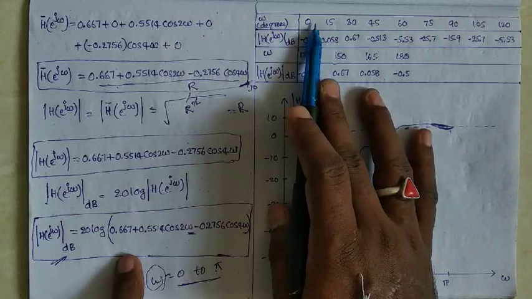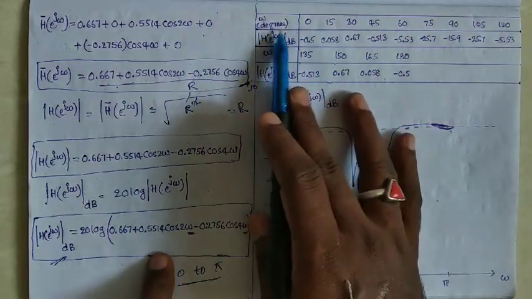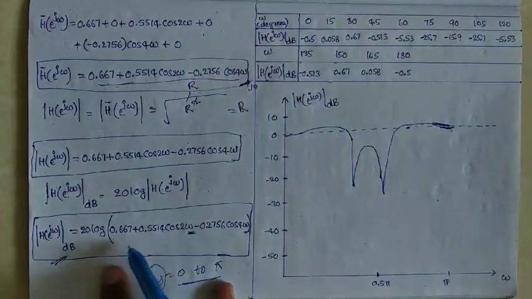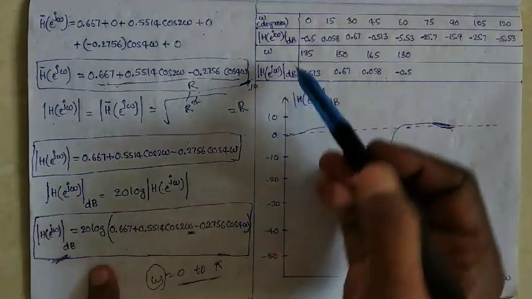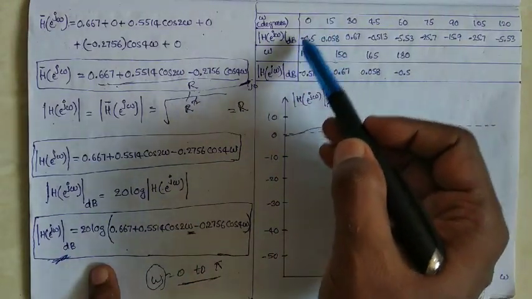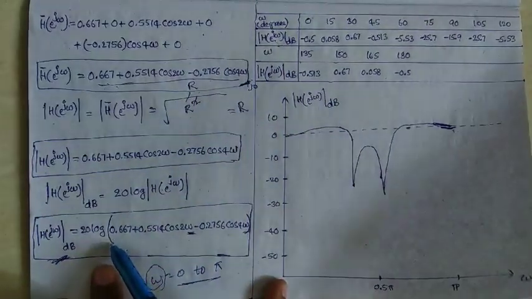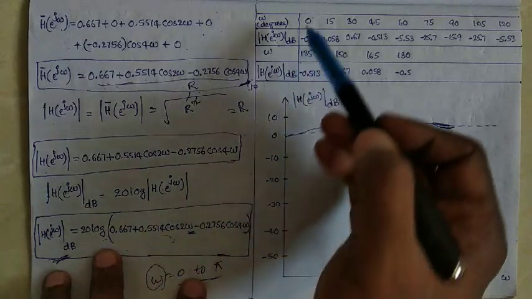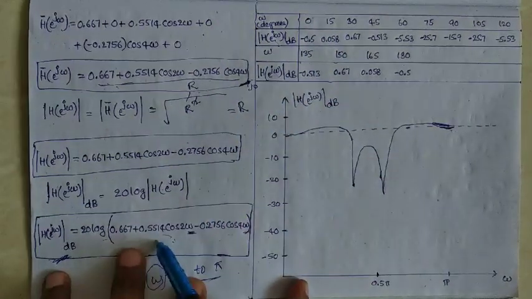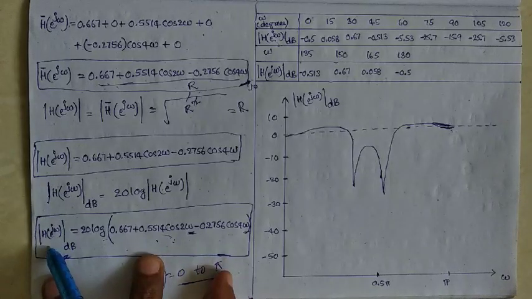Here for 0 degrees, omega is equal to 0. I am substituting omega equal to 0 in this equation, and the resulting value is the decibel magnitude of h of e power j omega.